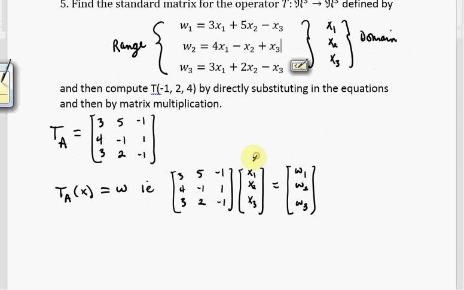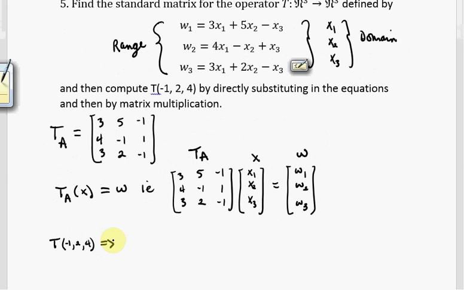So here, this is x, w, and the transformation is this matrix A. So now let's compute T of (-1, 2, 4) directly by just substituting this into the equations.